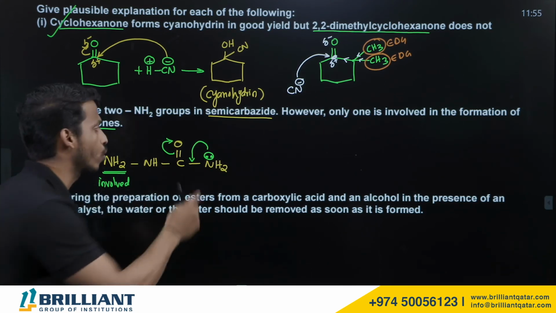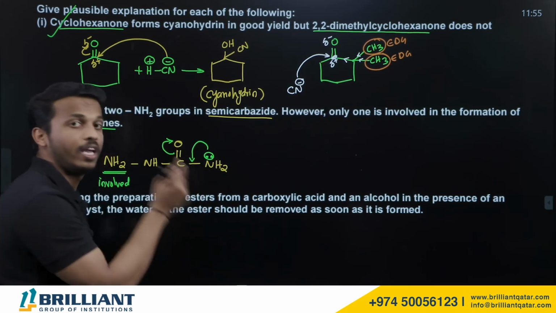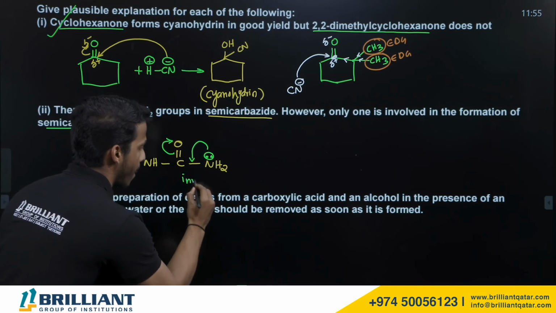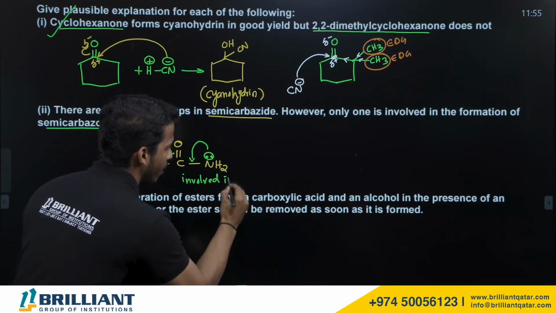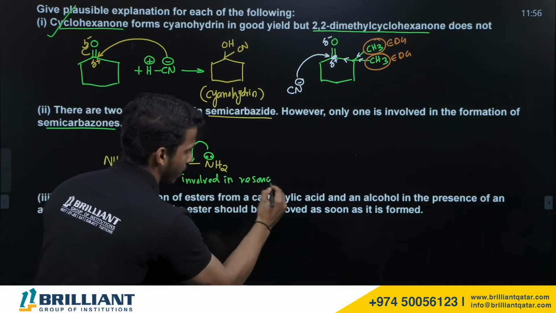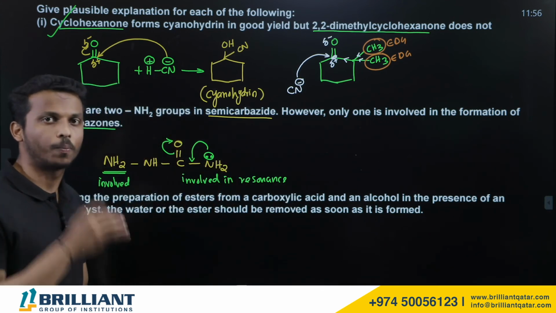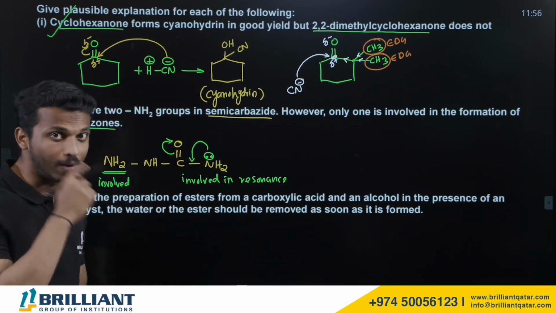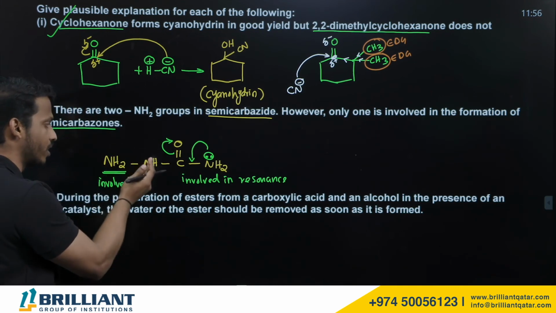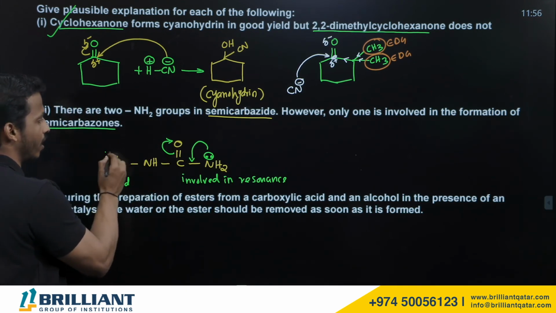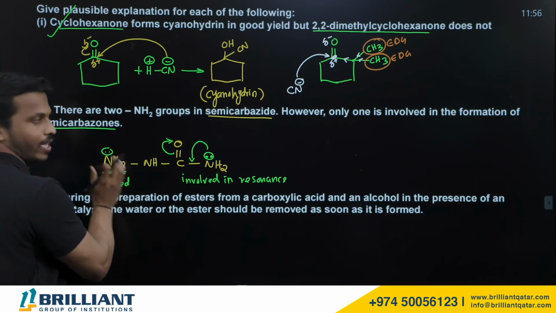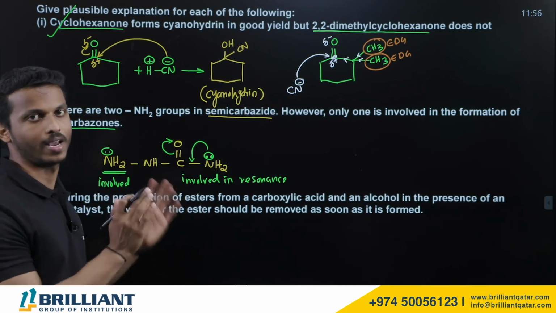Because the NH2 group which is near the CO group is involved in resonance. So is this NH2 group available for the reaction? No. So if they give a semicarbazide, please take the NH2 group which is away from the CO group, because here resonance is not possible. So this NH2 group is available for the reaction.